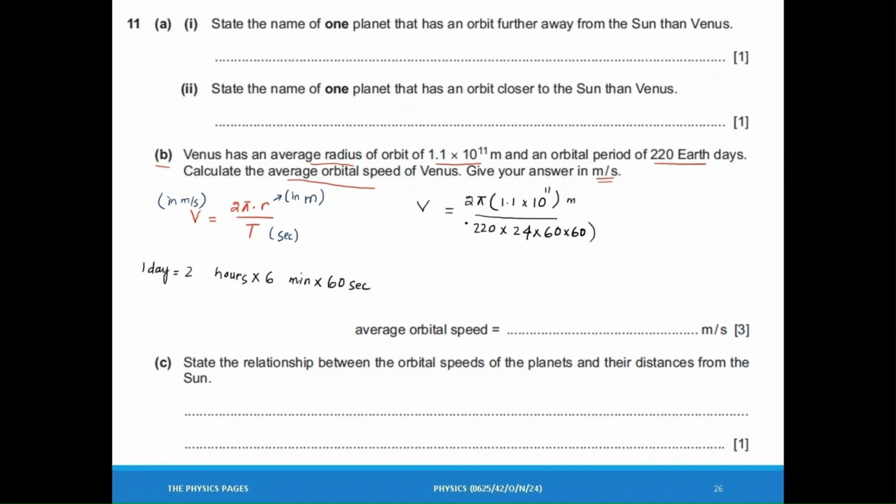Hence, it is converted into seconds. V, the orbital speed, becomes 36,361 meters per second.